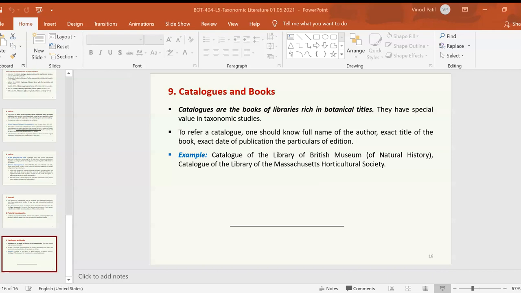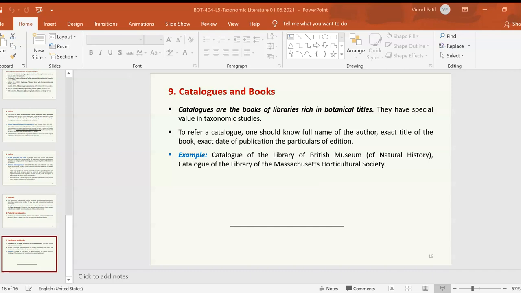Example, catalog of the Library of the British Museum. So this is one catalog. What is kept in the British Museum's library? That is catalog. Catalog of the Library of the Massachusetts Horticultural Society.